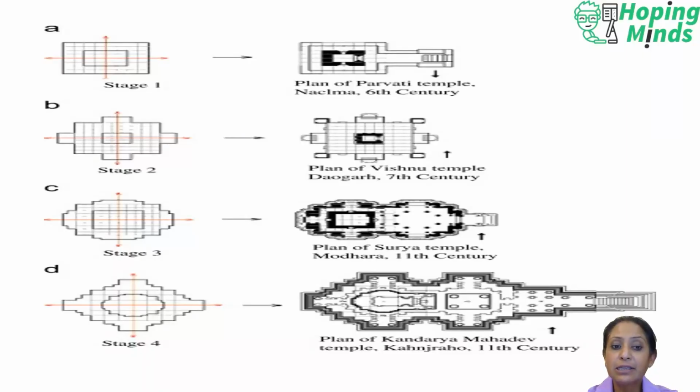Then we see stage 3, where we have the plan of the Surya temple, which is the 11th century. Then we have stage 4, that is the plan of the Kandariya Mahadeva temple. That was again the 11th century. So now you will be able to see how it has progressed, but how geometry has been typically the center line of architecture in olden times as well.